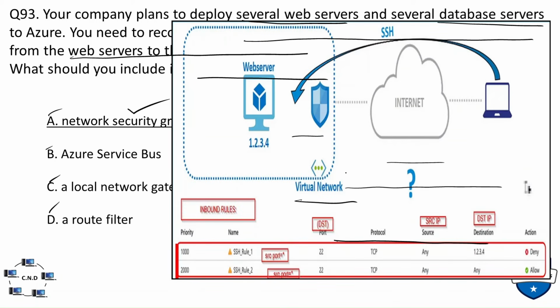And this is just an overview of the NSG. As we studied, it gives you protection based on the destination port, protocol, source IP, destination IP, and the action, whether you want to allow or deny the traffic. This is the five tuple that we were talking about.